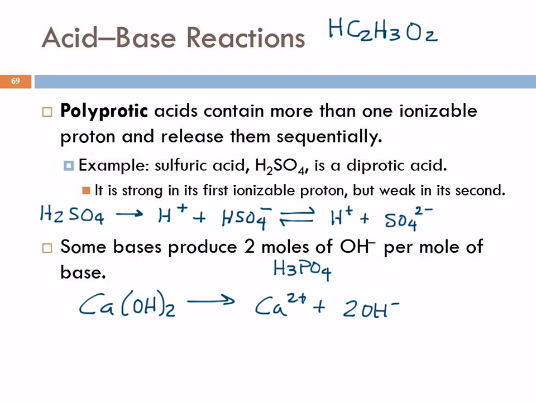And that all gets kind of complicated, as you might imagine. And that's a subject for Chem 1B. But the reason that the bases do not do that, they do both come off at the same time, is because they either dissolve or they don't dissolve. They don't partially dissolve. Okay, any other questions?